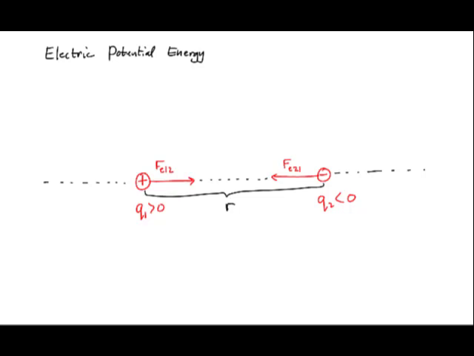Because the Coulomb force of interaction is a conservative force, these two charges share an electric potential energy. And that electric potential energy is directly proportional to the product of the charges and inversely proportional to the distance between them. So what does it mean that they store electric potential energy?